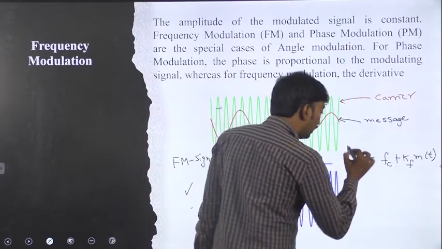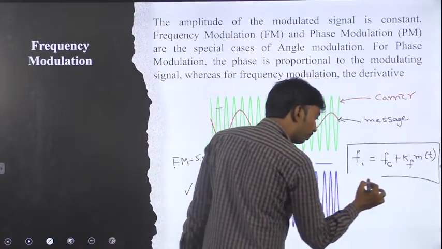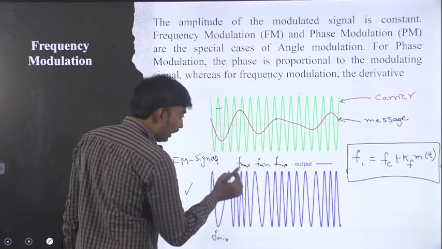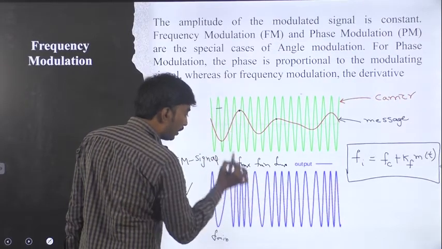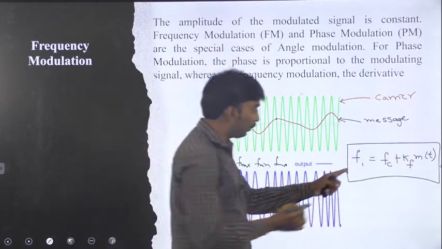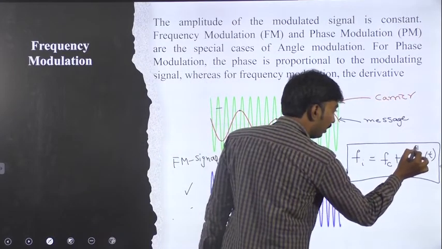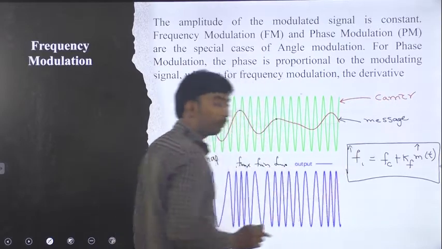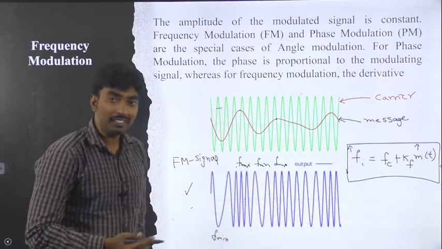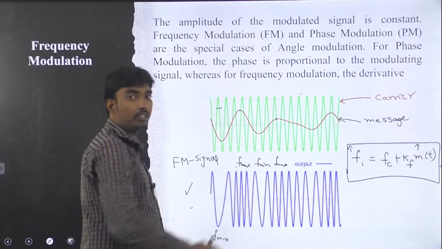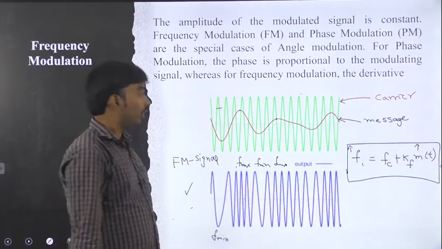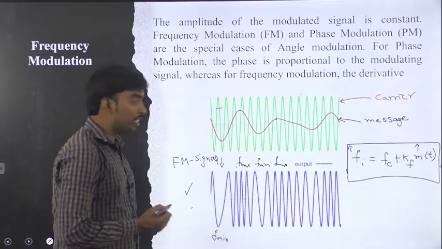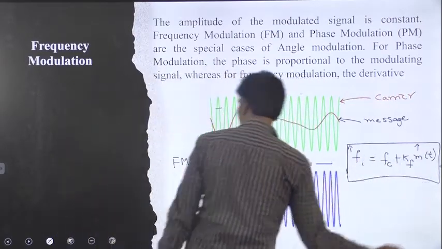Now this is following this expression. If you want to calculate the frequency at this instant, m of t is high. If m of t is high, fi is also high. Fi high means the wave is compressed. Now at that instant, message signal is low.